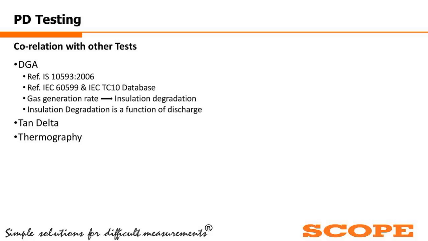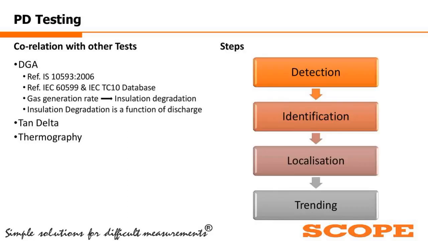And if there are hotspot-like areas such as joints, you can find them through thermography: yes, a hotspot is also getting generated in the transformer, and I am also getting the PD. So it is getting correlated. In that fashion we can understand the PD. That's the way we should do PD testing.